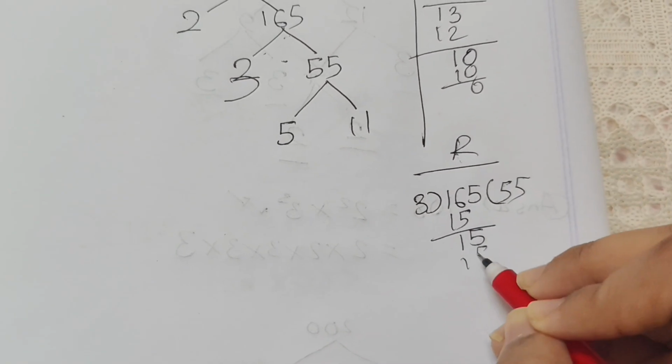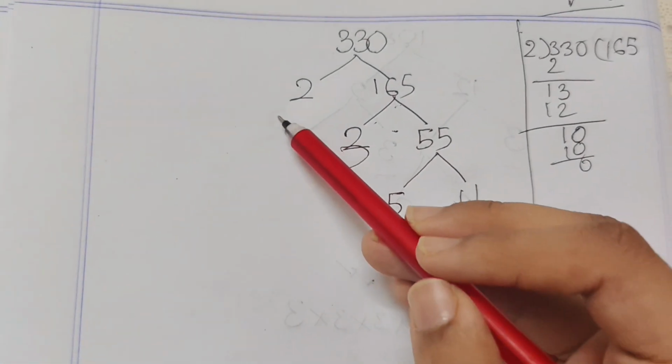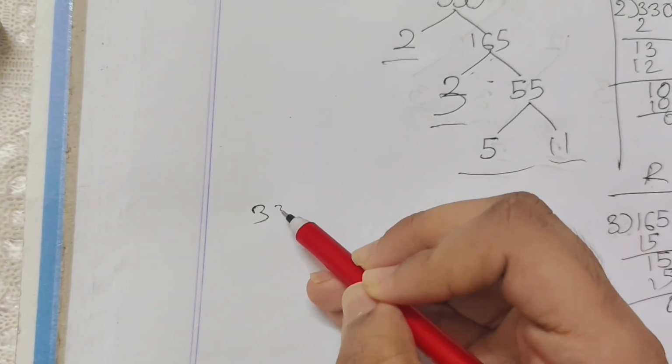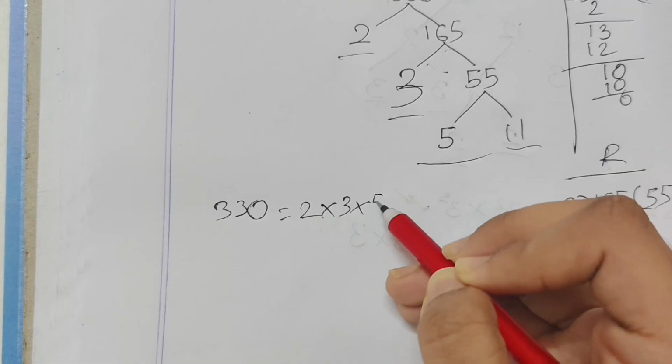And again, final answer. And to show 330 as a product of prime numbers, we give 2 times 3 times 5 times 11.